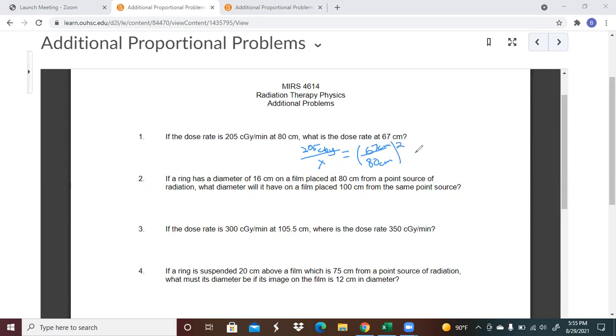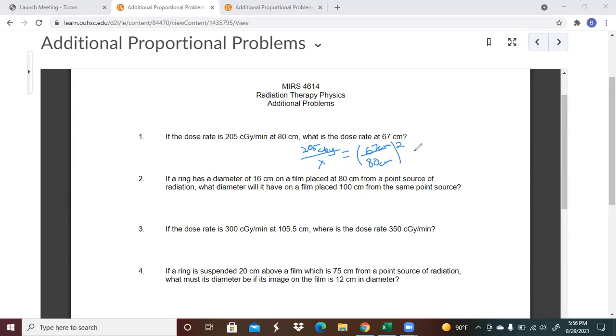The reason these are flip-flopped is because when we're dealing with doses, those distances are changed around. It's not like similar triangles where you keep the same length on top and the same length on the bottom. So we don't know what the dose rate is here, but since we've got a certain dose rate at 80, if we're moving in closer to the source, then this should end up being higher.